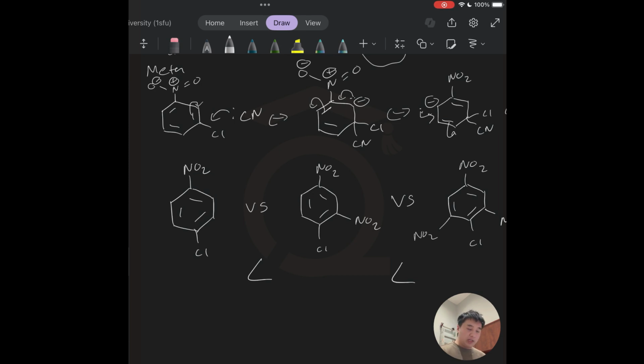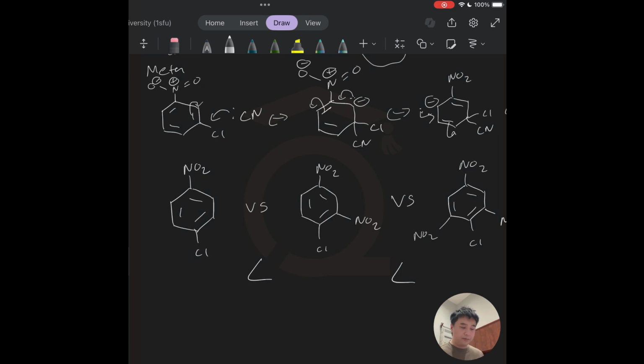So key takeaways here: know the mechanism, know that the positioning of the leaving group impacts where the nucleophile will go, but the position of the electron withdrawing group doesn't, right? The position of the electron withdrawing group will affect the rate of the reaction, but not where the nucleophile will go.